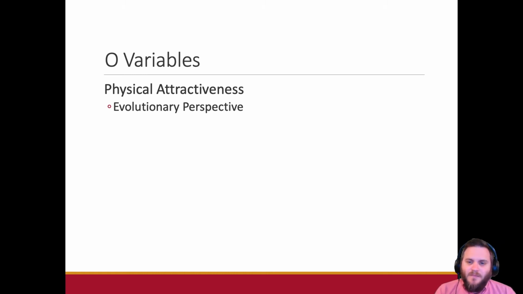So what's the evolutionary idea? Okay, well, good looks tend to mean good health and potentially good genes. Physical appearance is related to health. Pathogens and illness make us look awful. We look sickly, pale, dark circles under our eyes, blotchy skin, right? Okay. Female body shape also has a correlation to reproduction.